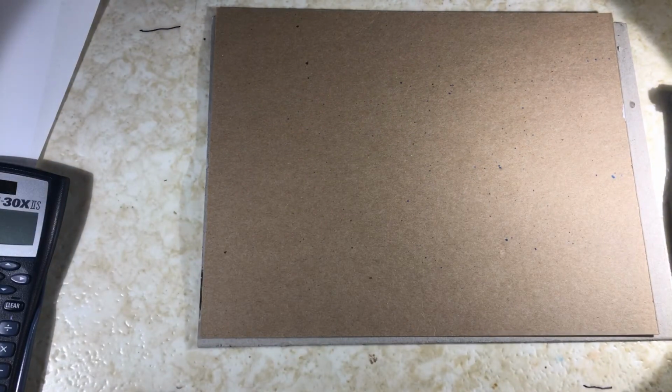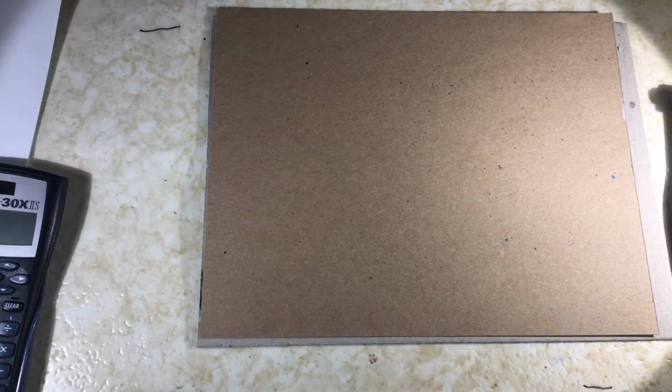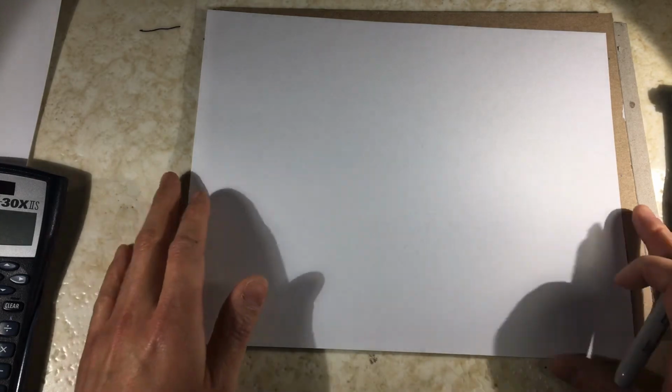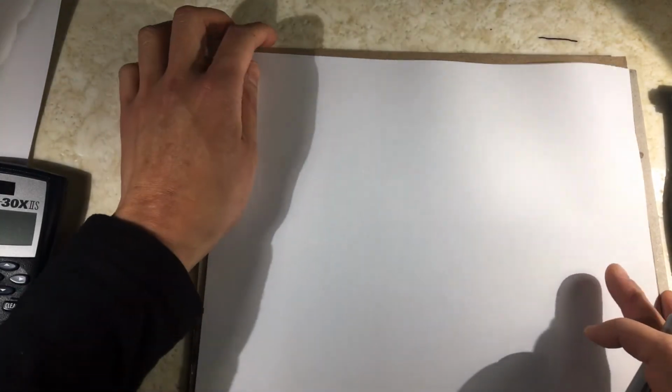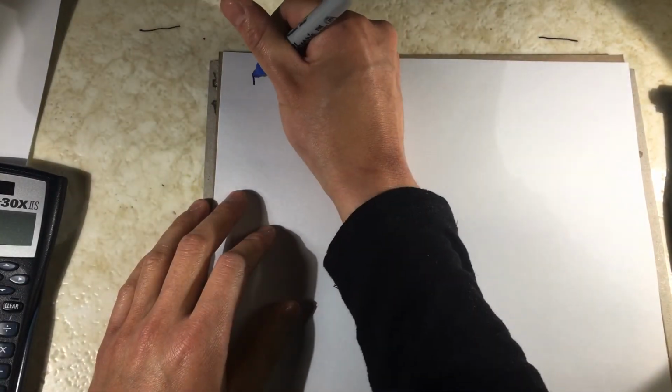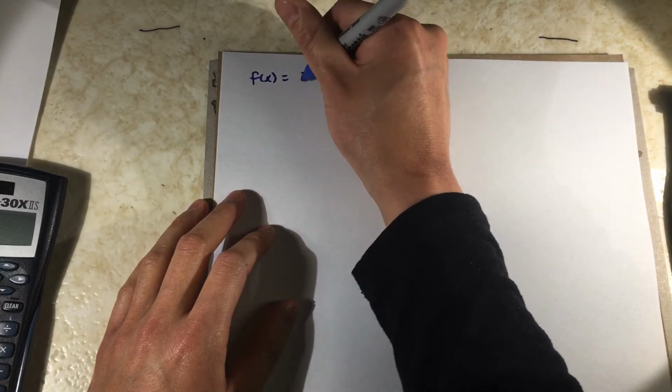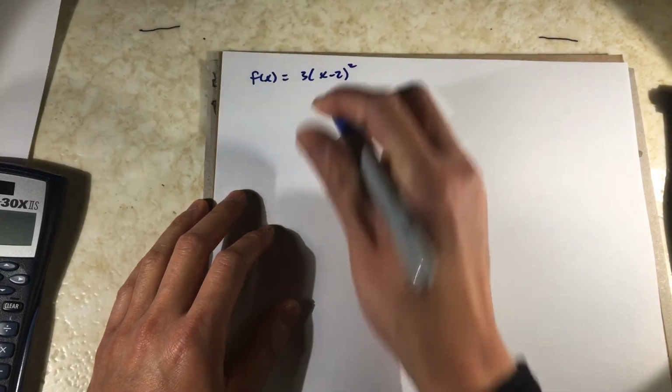Okay, so you should have enough to do your homework, but what I'm going to do is give you one more symbolic one, just to give you another example of some of this algebra. So let's say that we have f of x is equal to (3x minus 2) squared.